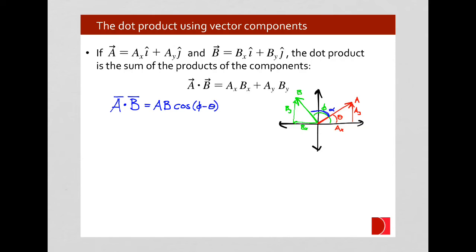What we can do then is use one of our angle addition formulas here to say that cosine of phi minus theta is cosine of phi cosine of theta plus sine of phi and sine of theta.